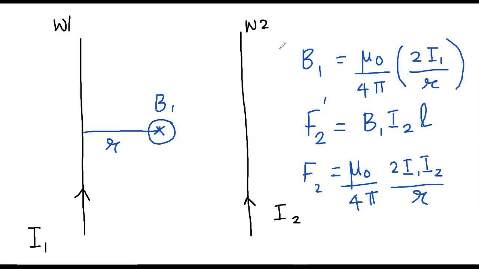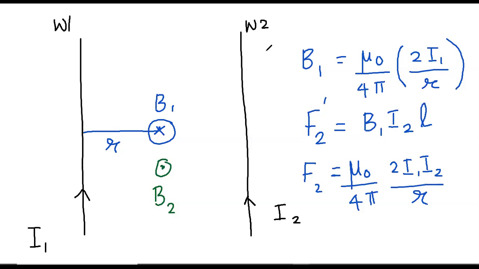Right? Now let's look at the current that is flowing through wire 2. And let us look at the same point or any point in the same region. So let me consider such a point. Now, with respect to the second wire, if you use your right hand thumb rule, then you can see that at that point, the field is coming out, so I'm going to make it into a dot and write it as B2, where B2 is the field that is the result of the current flowing through W2.